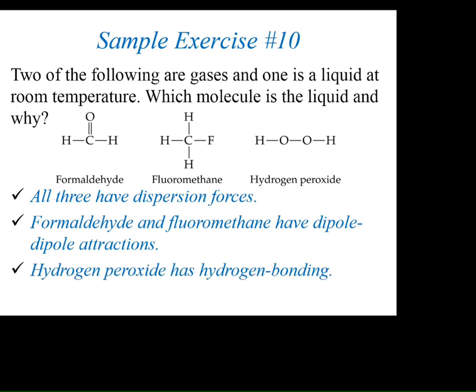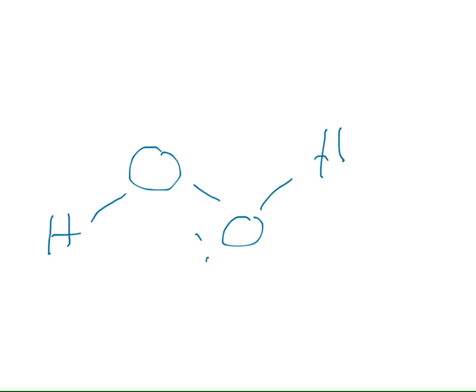So yes, therefore you would pick that one. Do you say that hydrogen peroxide is polar? It is polar. How? Because if you were to draw the Lewis structure, there's a whole bunch of lone pairs that aren't being shown there.